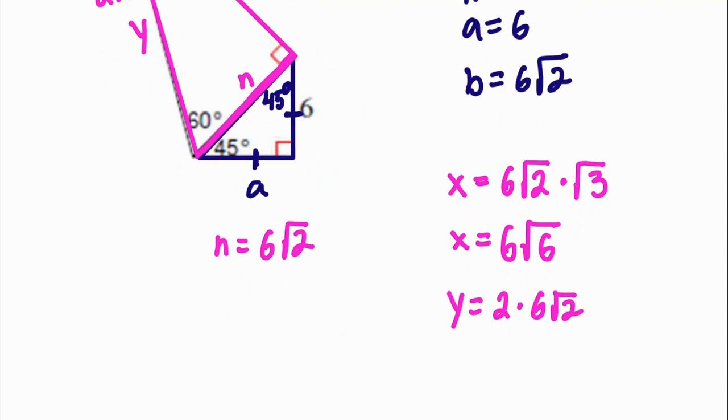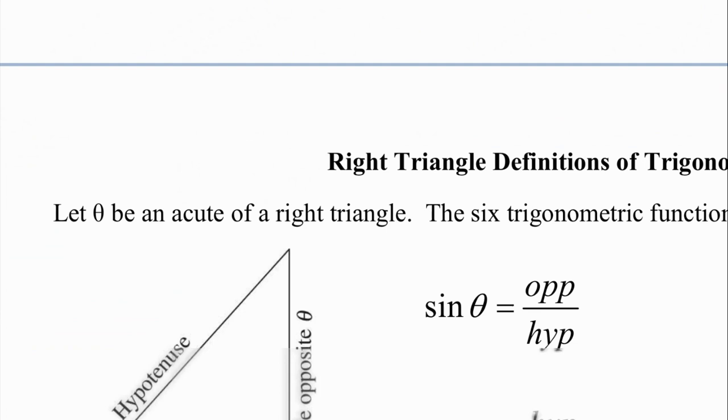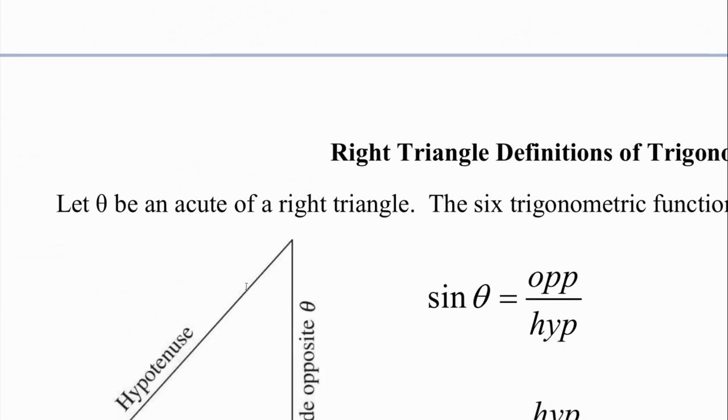And we'll multiply what's outside by what's outside. 2 times 6 is going to give us 12 square root 2. And we'll have solved that whole triangle because we solved for every single piece. Again, I do have 2 different n's there, so just be really, really careful that you're not mixing those up. All right. So on to the next one.